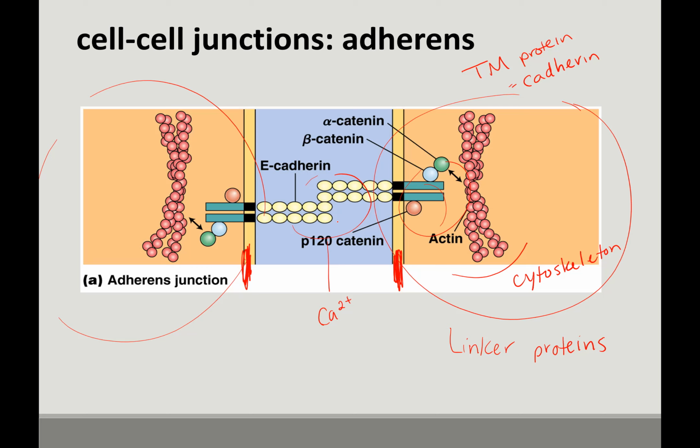One of the terms that you are asked to learn for this chapter is homophilic interactions, right? So homo means same. If you've taken genetics, you've learned homozygous, same alleles. Philic means like, so you've learned hydrophilic, right? Water loving. Okay, so these things like to bind to the same type of protein.